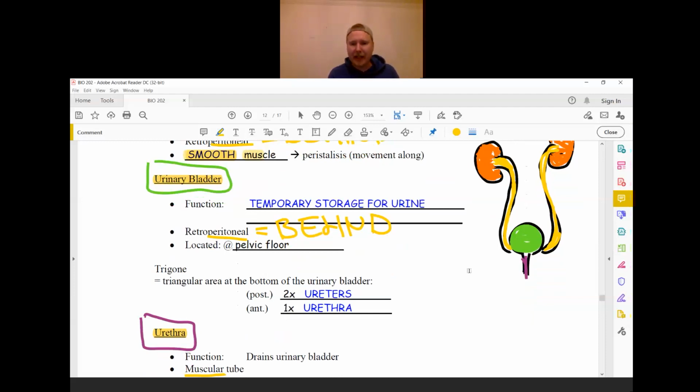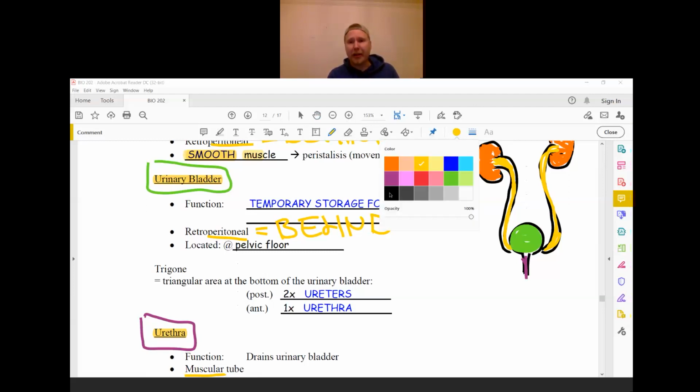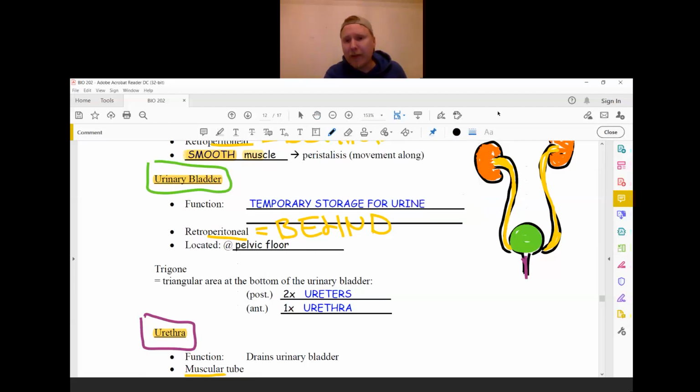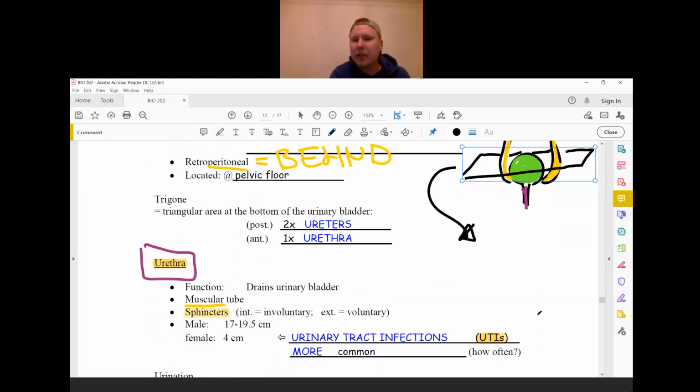So now that we have discussed these main structures, one thing that I promised to come back to was the concept of the trigone in the urinary bladder. Let's take a section across the urinary bladder and have a look as if we were looking down into the urinary bladder from the top. We'll notice that at the base of the urinary bladder there are 3 openings.